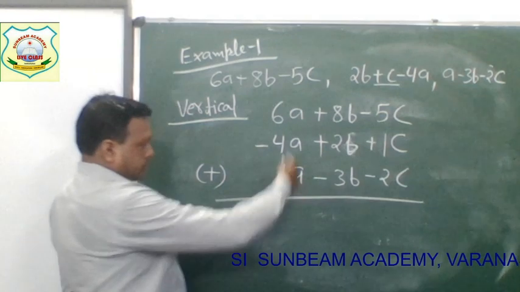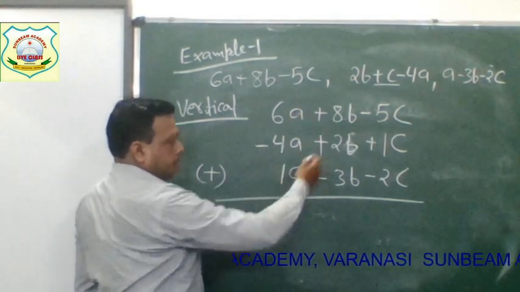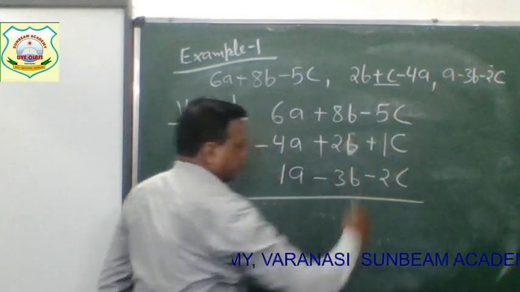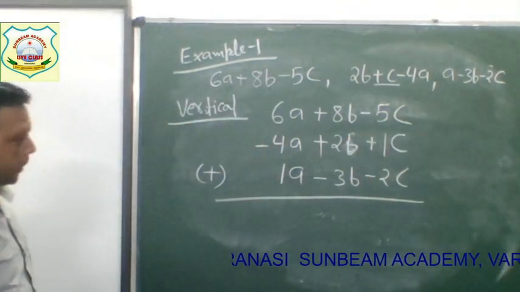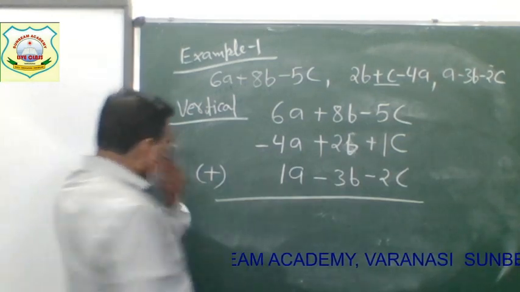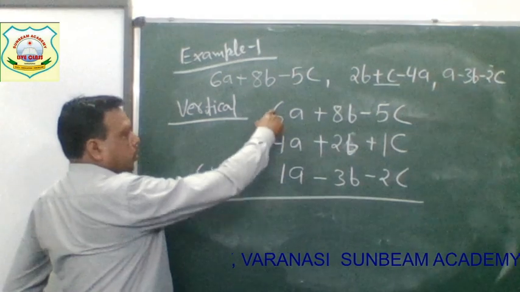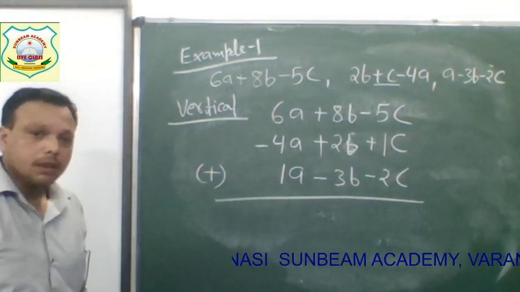Students, we have already done this with the same variables a, b and c. Then how will we add them? Same procedure, students. 6a is in plus, 1a is in plus, so plus we will add them. 6 plus 1, 7.